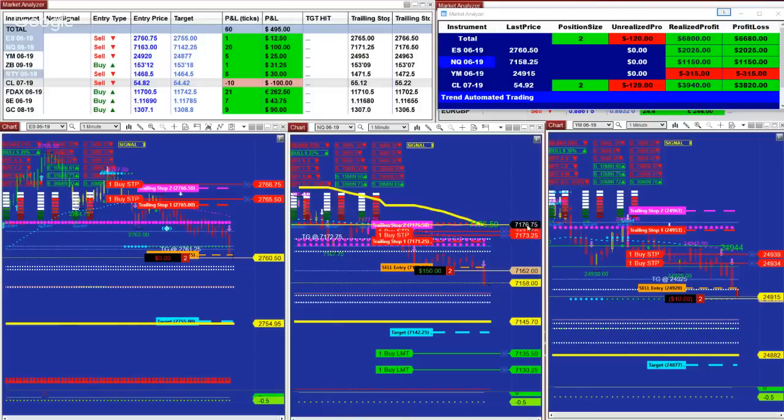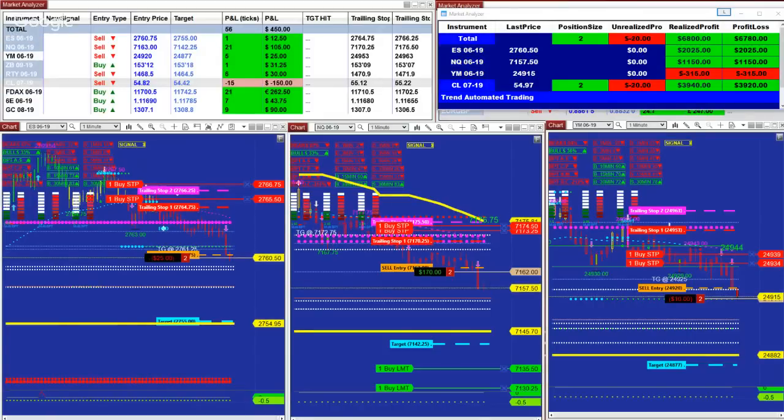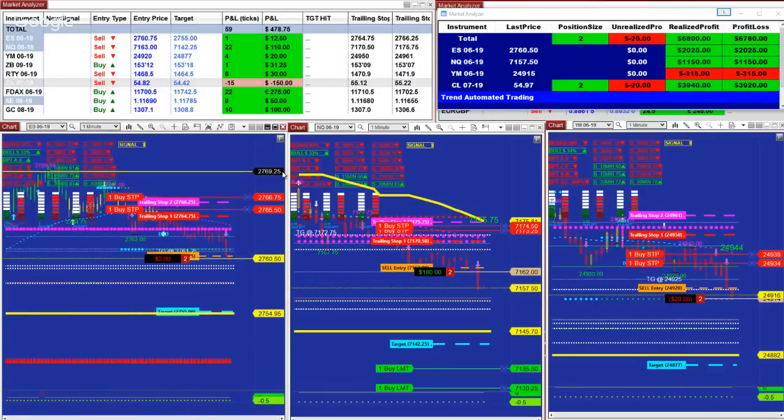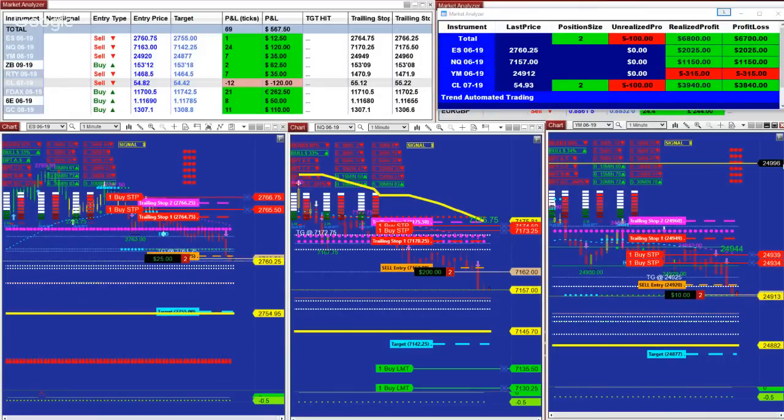So this is the last short, and then we have the Russell. We told you the number on the Russell, sell 1468.5. And we are going in the right direction.